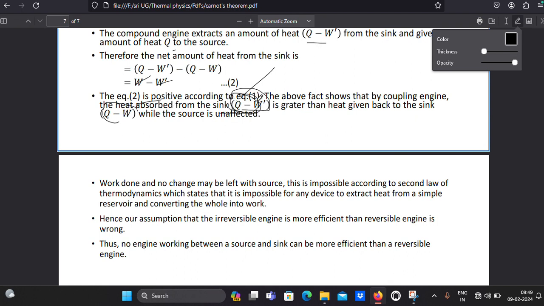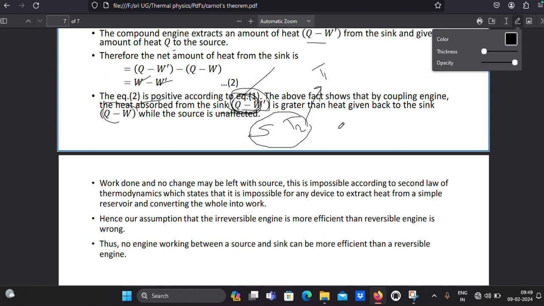This heat is taken from the sink, but actually the sink is at a lower temperature, T2, compared to the source temperature T1. So how can we take more heat from the low temperature body, and how can we give heat to the high temperature body by receiving it from the low temperature one? It is impossible. Actually we cannot take heat energy from the cold body.